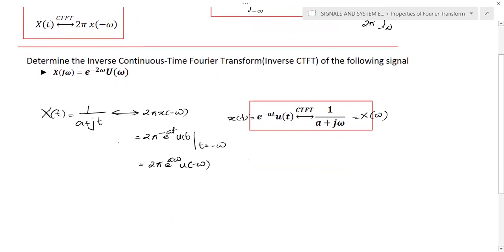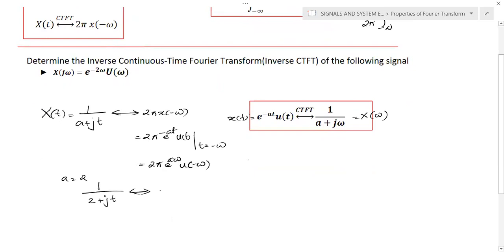So that is a Fourier transform of, so one more point, this is actually 1 by a plus jt, and it's 2 pi into e raised to a omega into u of minus omega. And assume that if a is equal to 2, we can write it simply 1 by 2 plus j into t.